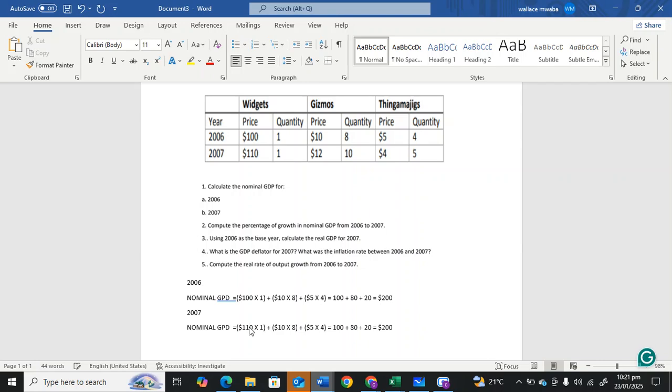We are still producing one widget. Gizmos, the price increased to $12. At least we've increased our production, we're now making more of them. These thingamajigs, the price went down to $4, and now we're producing five of them.